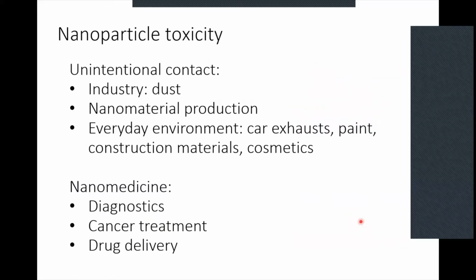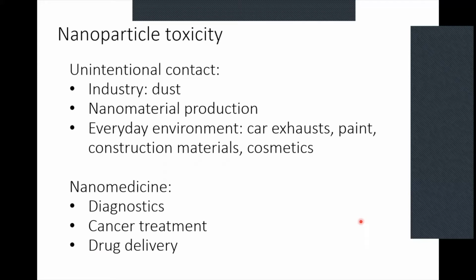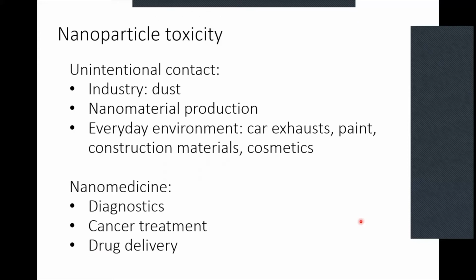But in addition to that, toxicity was the driving force behind the research I'll be talking about. The Smart Nanotox project was dealing mostly with toxicity. Why are we interested in this at all? Because we have a lot of unintentional contact with dust, which can be of nanoscale size.